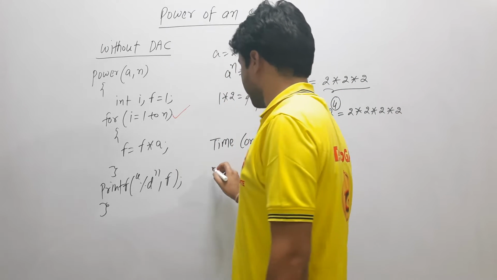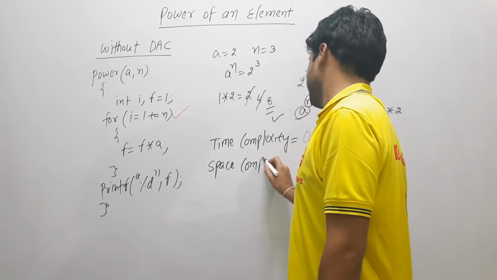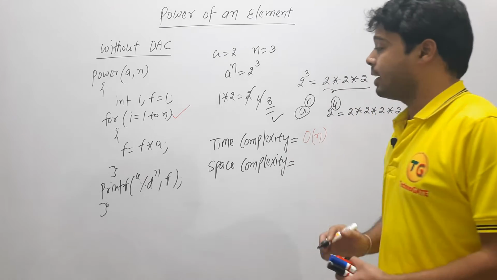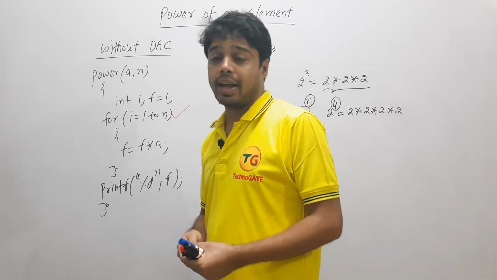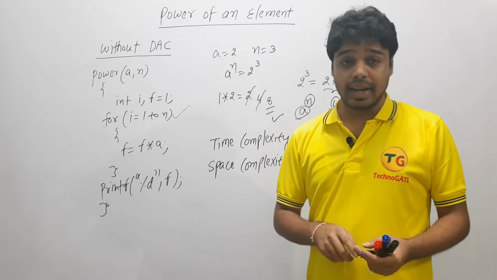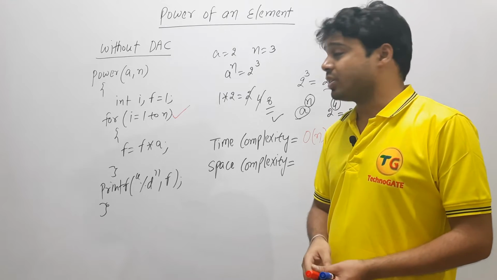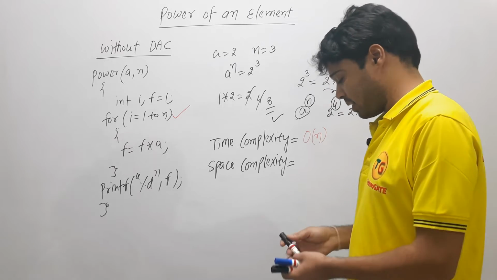And what about the space complexity? Here we are retrieving the value through the loop from the array, and array is a static data structure. So constant space is required.